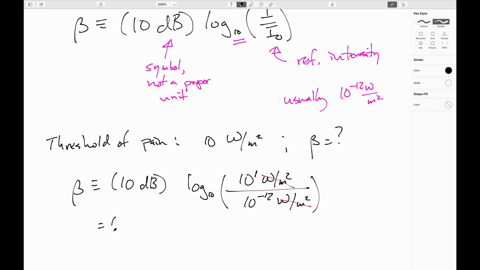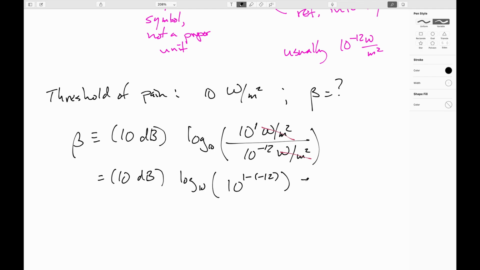So if you want to do this without a calculator, in this one we can. Remember, 10 to the 1 divided by 10 to the negative 12. The rule is you subtract exponents if you divide. So this will be 10 to the 1 minus a negative 12, which is 13.